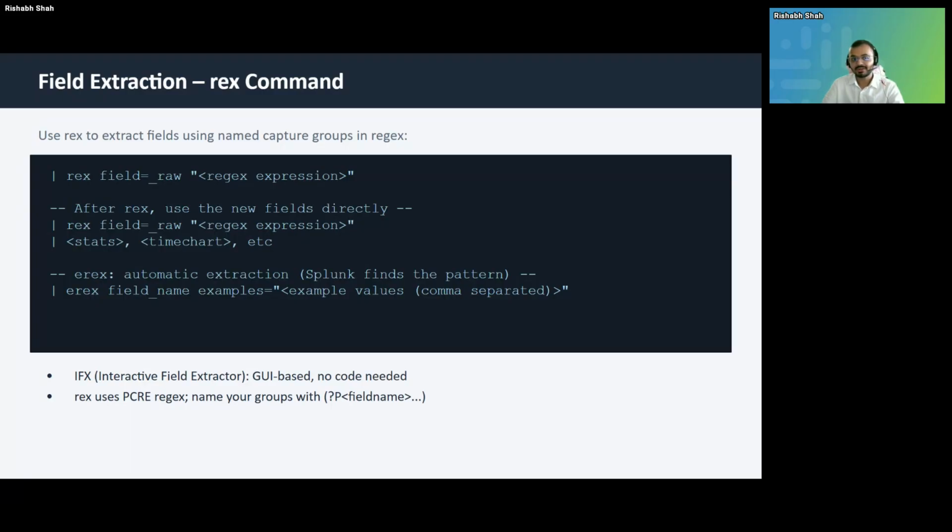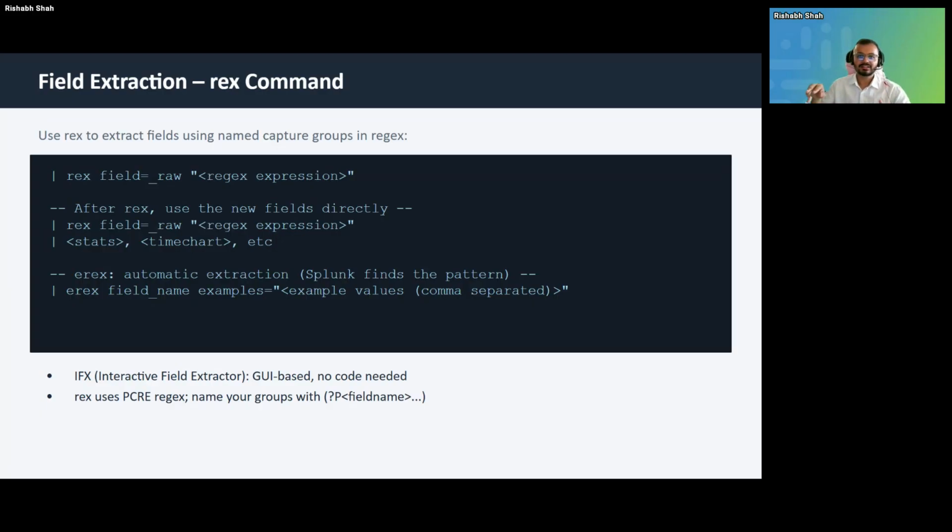Erex is much simpler as compared to rex because it eliminates the use of regular expressions. I'll show you how it works, but for syntax purposes, we use pipe erex, and then we specify the field name, what would be the name of the extracted field, and then we put examples of what the value looks like.